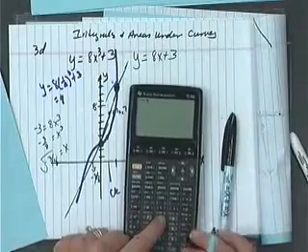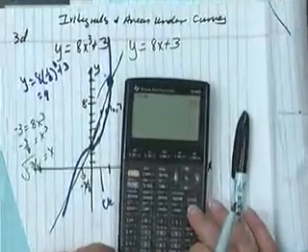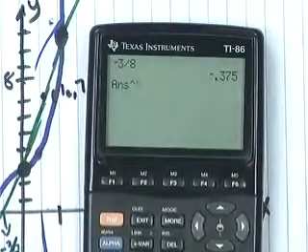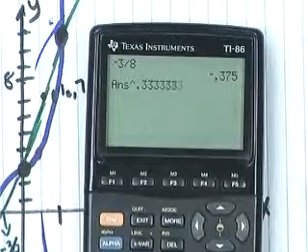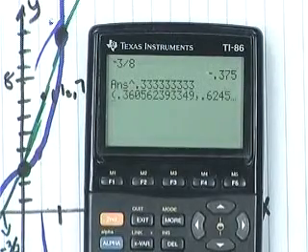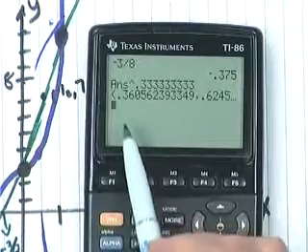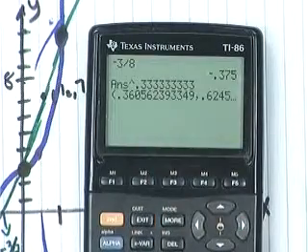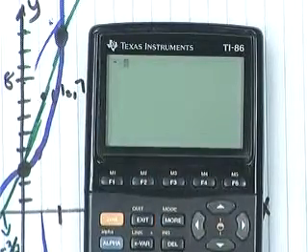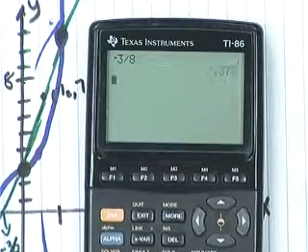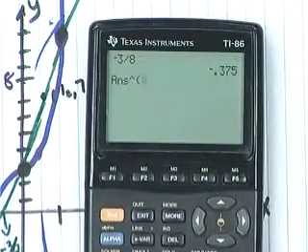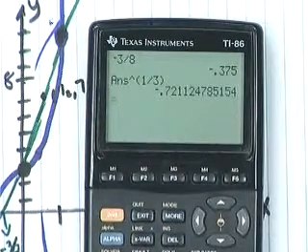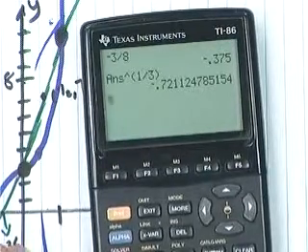So we've got negative 3 divided by 8, and we're going to take that and raise it to the 1 divided by 3 power. That's better. It's about negative 0.72.